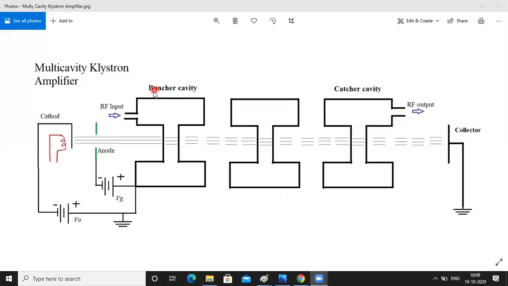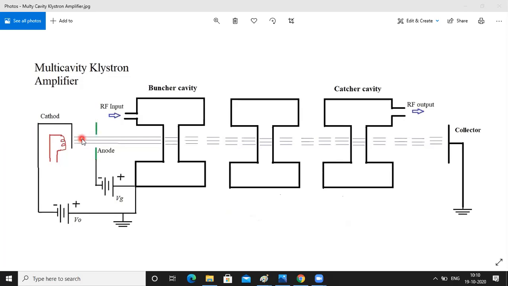Now, in the buncher cavity, what will happen? We are starting from here, where the electrons are generated. The electron beam travels from the cathode to the collector.